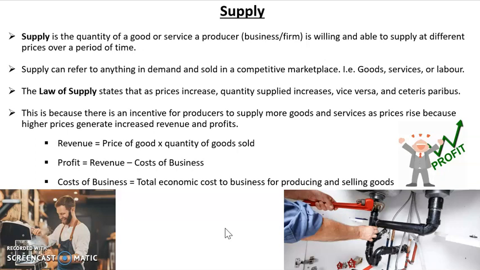Now, cost of business is different in economics than it is in accounting, because in economics, we also account for opportunity cost. So total economic cost is the accounting cost, which is dollars out the door, along with the opportunity cost, which reflects the missed opportunity of using your resources for producing something else.